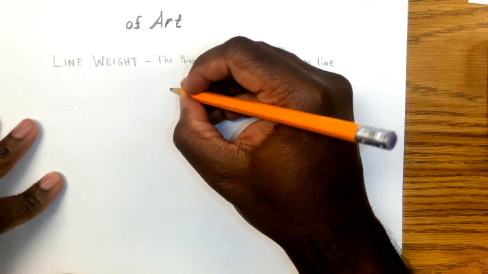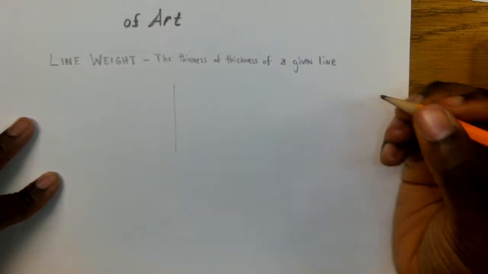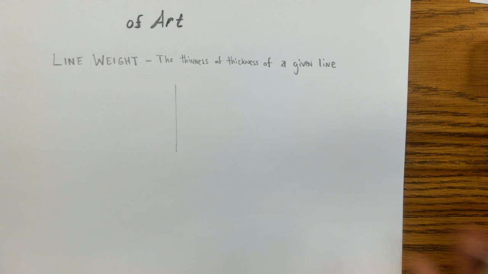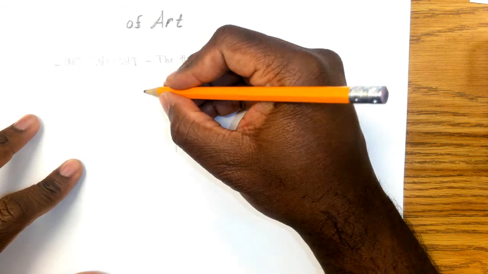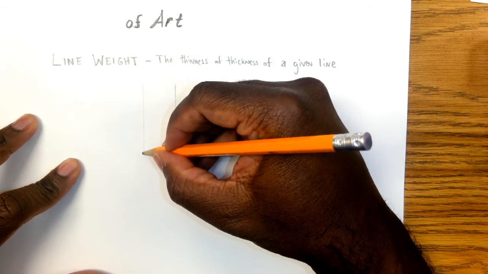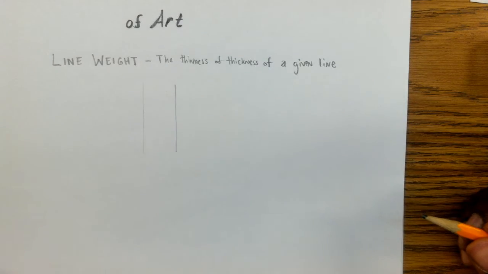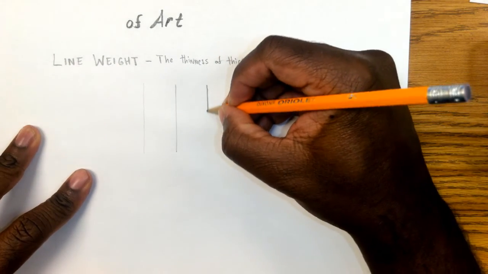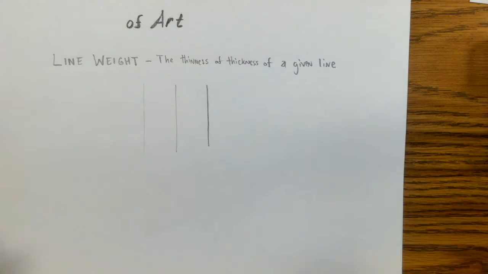So when I do something like this, that's just a standard line that I draw. That's my average weight. But if I pull back just a little bit, you get that thinner line. And if I apply pressure, you get this dark, thicker line.